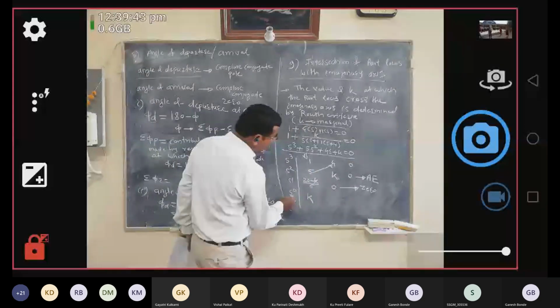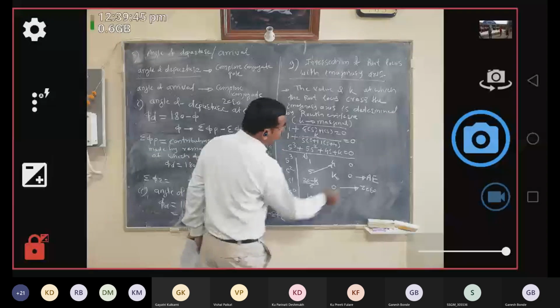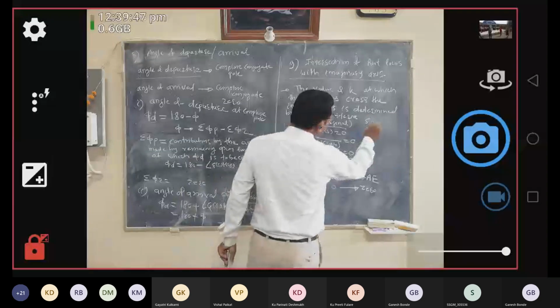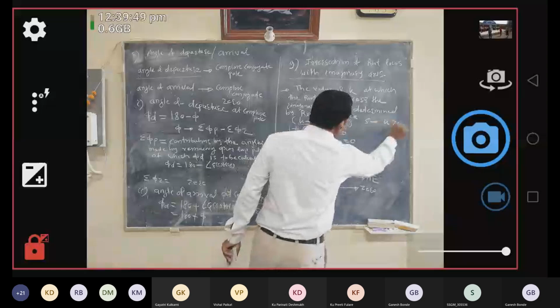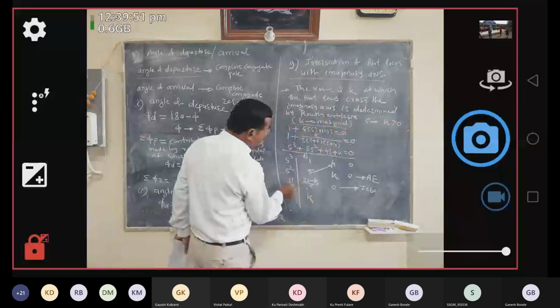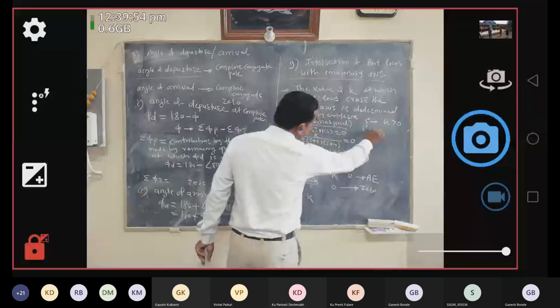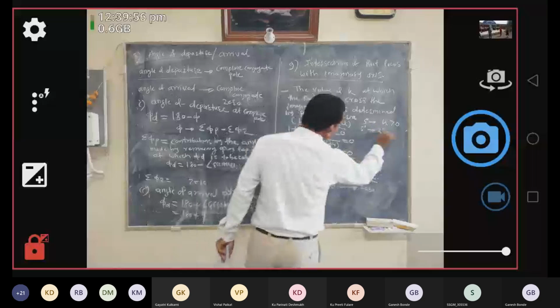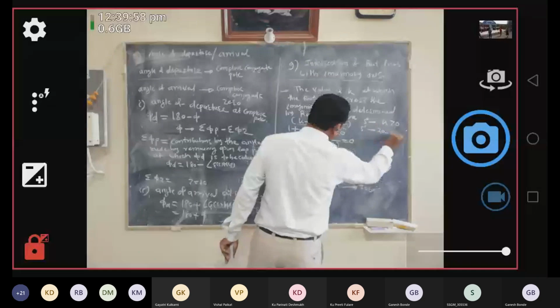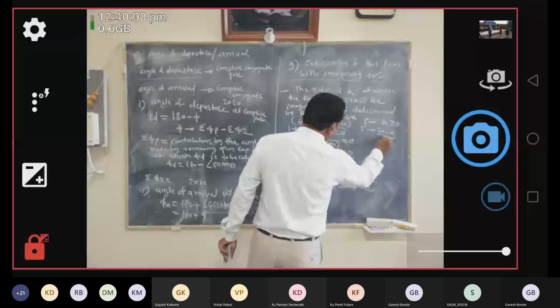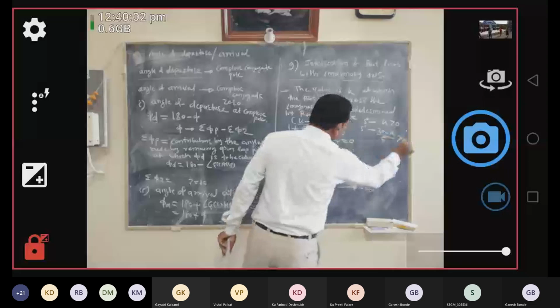Similarly, for the row corresponding to s1, we can compare: 20 minus k upon 5 must be greater than 0.